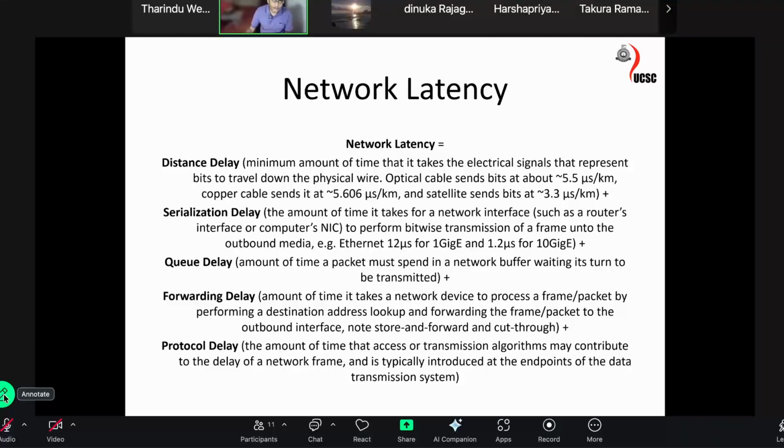And copper cable is a bit slower and takes more time than the fiber optic cable, slightly higher in terms of transmission speed, and it takes 5.6 microseconds to travel 1 kilometer.